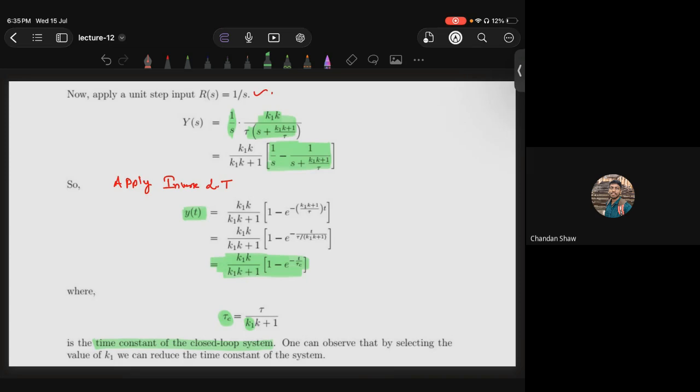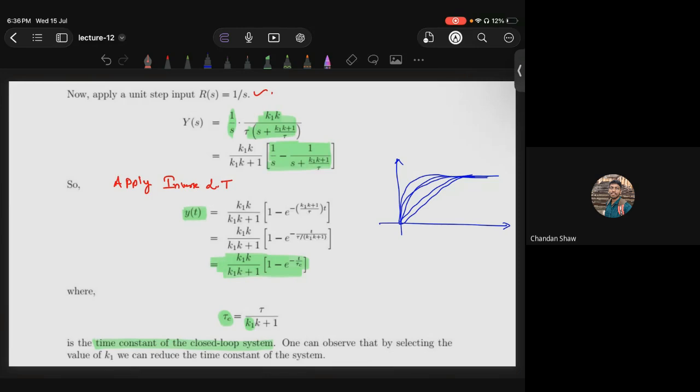Tau C is less means what? Basically, tau C is nothing but the time constant. It decides how fast or how slow your response is. So this is your output y of t. This will be another output, and another output.